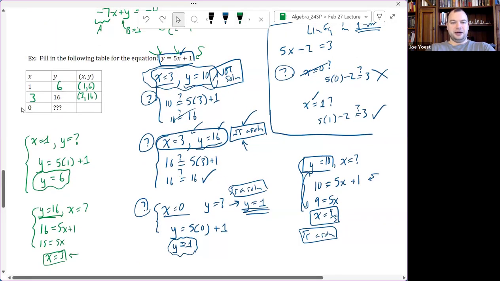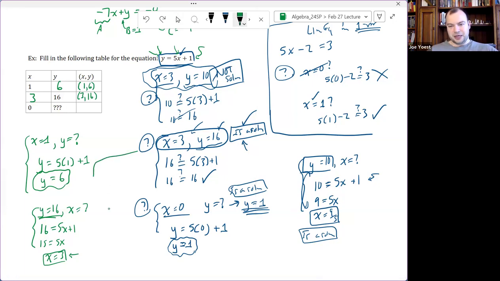And then lastly, if I have x equals 0, what's the y value associated with x equals 0 that gives me a correct equation? Maybe I'll try to squeeze that in here. If x is 0, then y equals 5 times 0 plus 1. Oh, we actually already did that one.